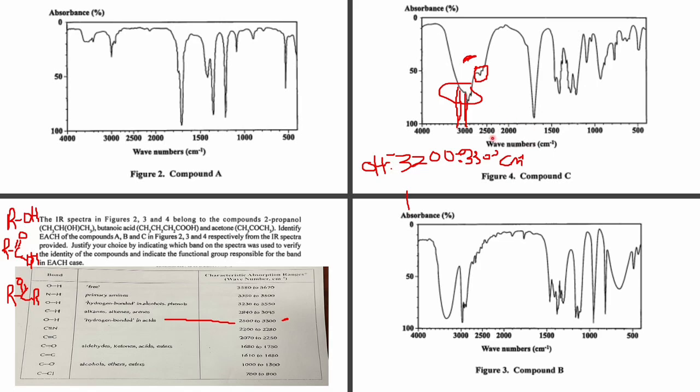Our next intense peak on this spectrum is this peak right here. The tip is very, very narrow, so we can just draw down the line right there, and it lands directly on your 1700 mark.